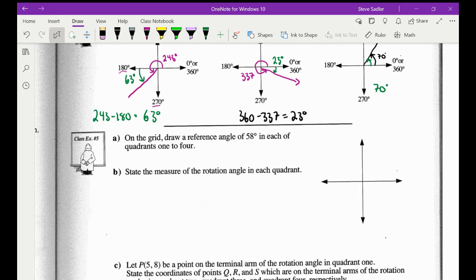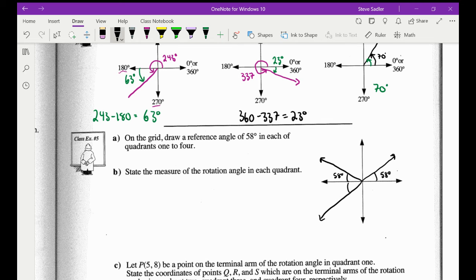So on the grid, draw a reference angle of 58 degrees in each of quadrants 1 to 4. Okay. So maybe I'll do this in a different color. No, that works. This one is 58 degrees. This one also 58 degrees.